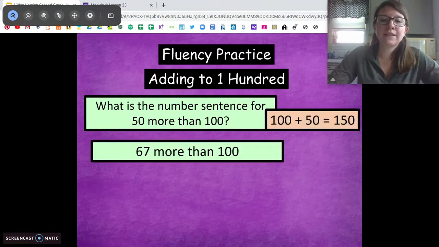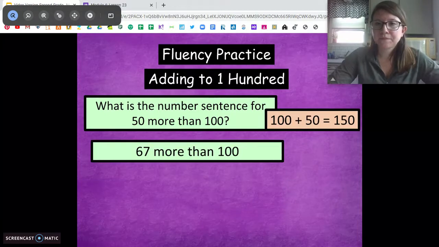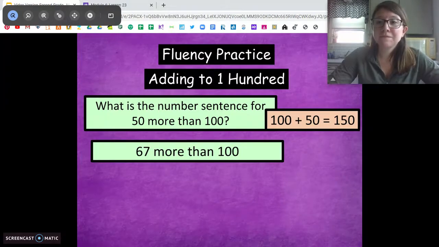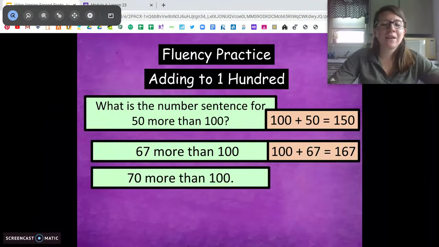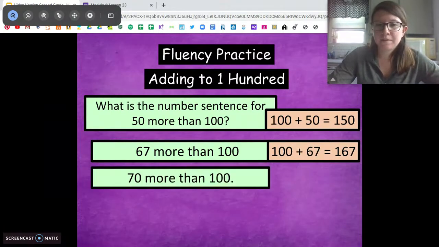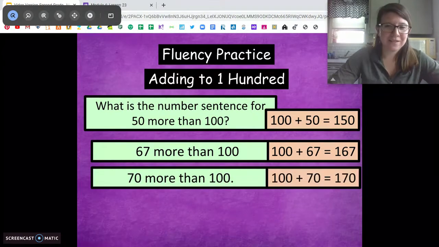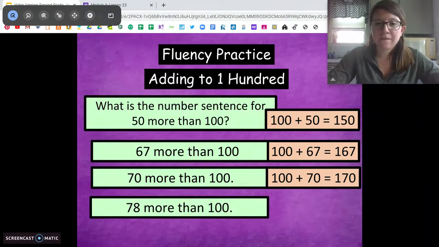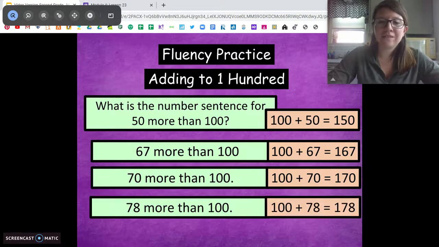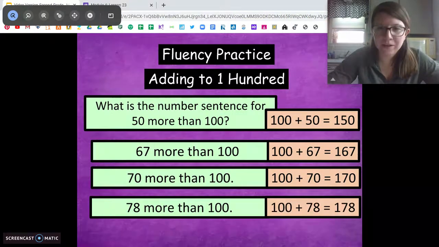Very good. What about 67 more than 100? 100 plus 67 equals 167. Awesome. 70 more than 100? 100 plus 70 equals 170. And then 78 more than 100. What would that number sentence be? Good. 100 plus 78 equals 178.